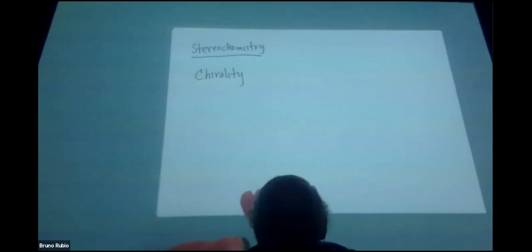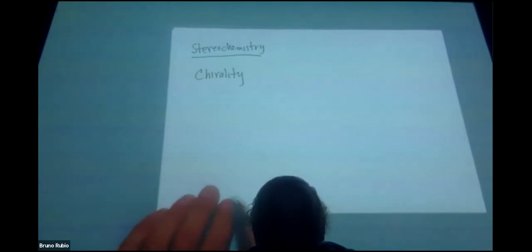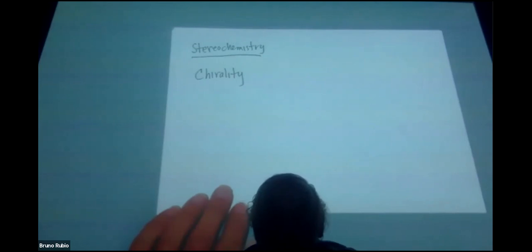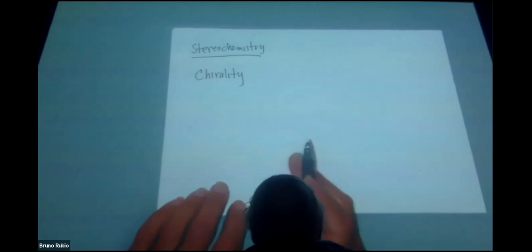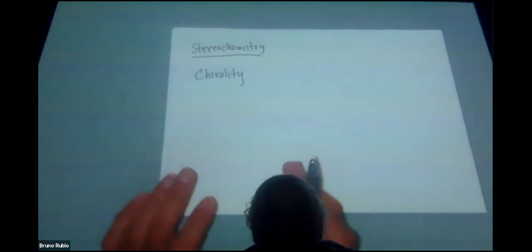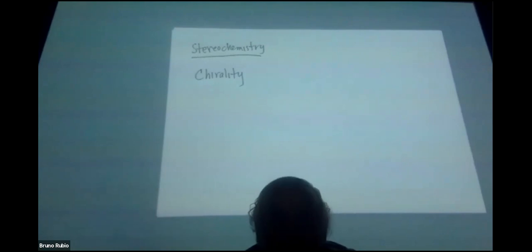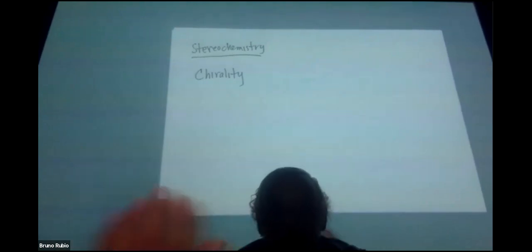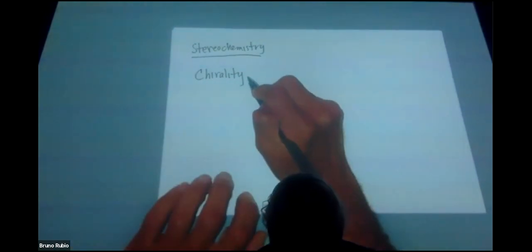Please do not say it with a soft CH. And the reason that it is a hard K sound is that this is the transliteration of the ancient Greek word for hand, which has a hard K sound at the beginning. Okay, chirality.